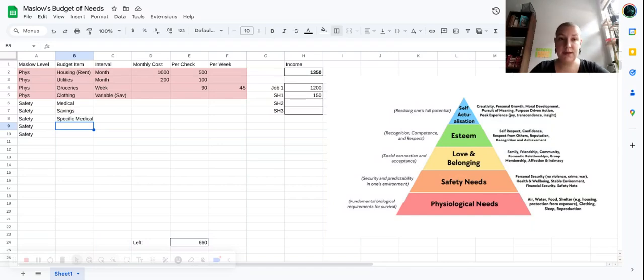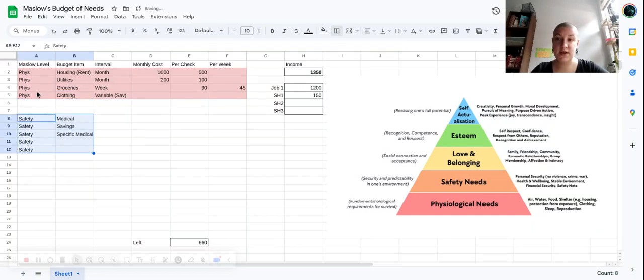So we're going to put pet between physiological and safety, because technically you're taking care of their physiological needs, but we want a visual difference in the line item, right? So typically that'll be pet food and vet costs.